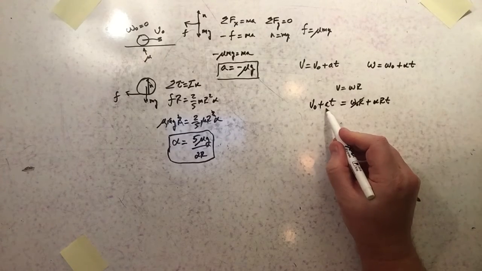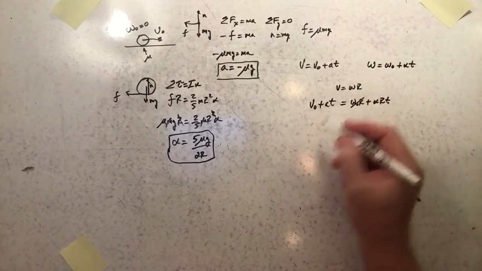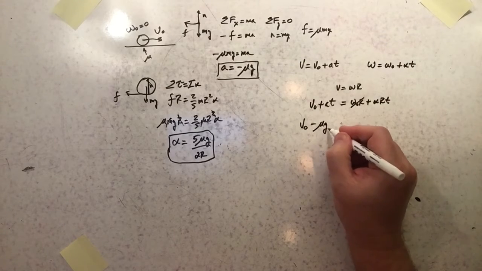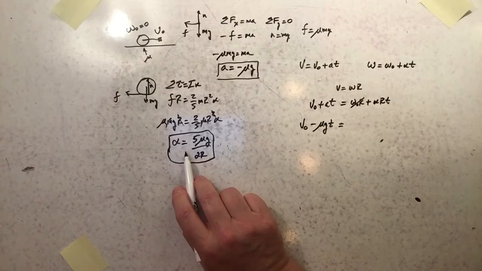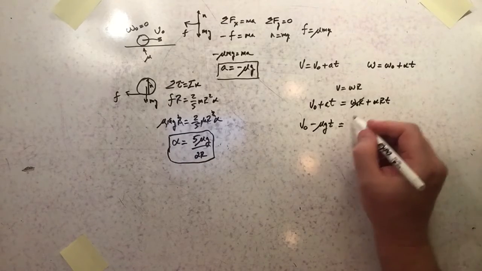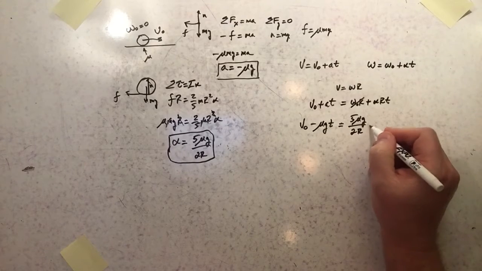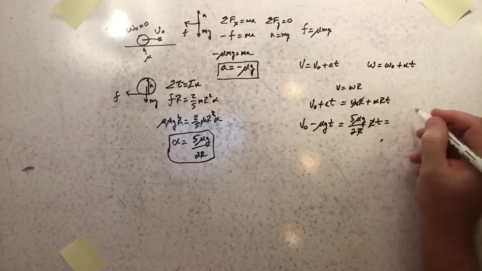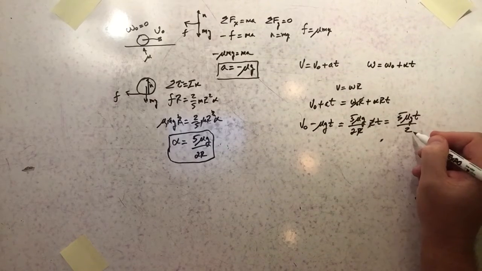Now what I can do is substitute in the correct acceleration expression, which we got from dynamics. So v naught minus mu gt, and that will be equal to, and again I'm going to substitute in the correct expression for alpha. That's going to be 5 mu g over 2r times t, so the r cancels. So this is just 5 mu gt over 2.